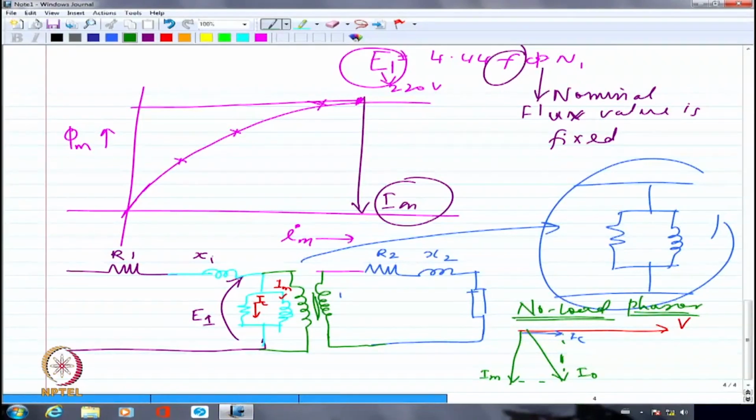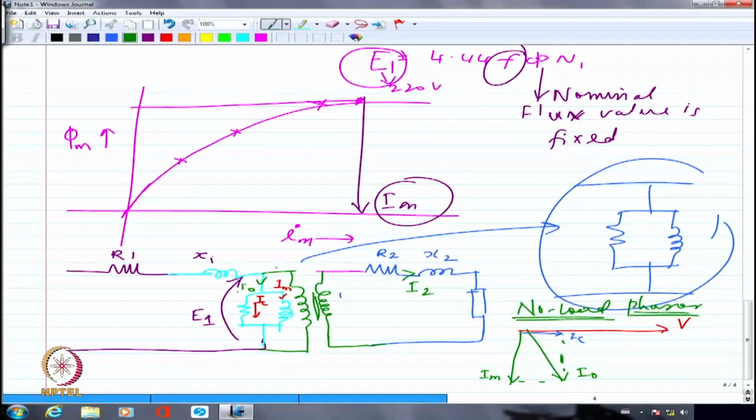Now I hope that you have at least gotten an idea of how the transformer functioning is built up, right from the no load condition. Then you connect the load, then the current bounces back, and that current what comes here, if I call this as I2, I should say definitely there is no load current here.